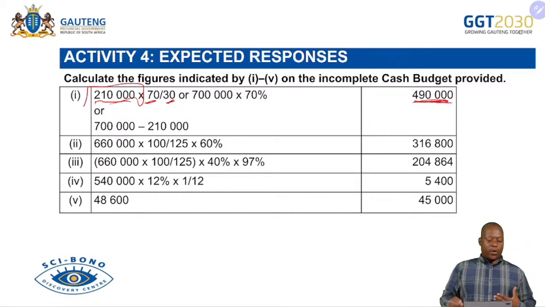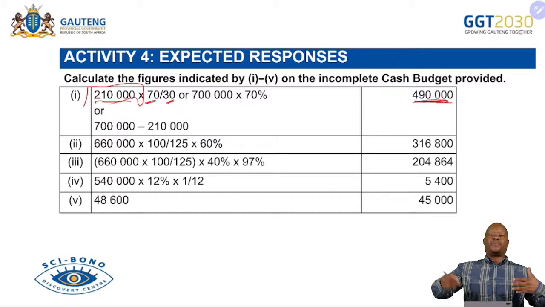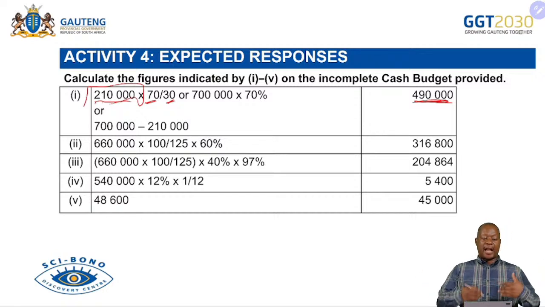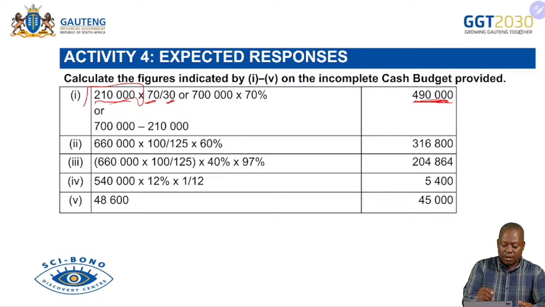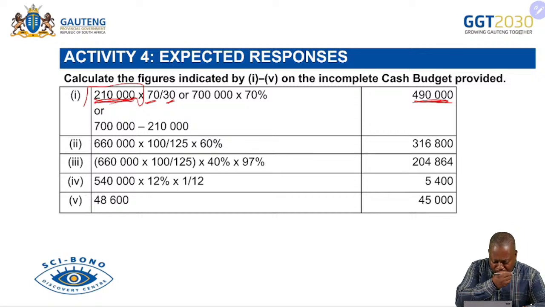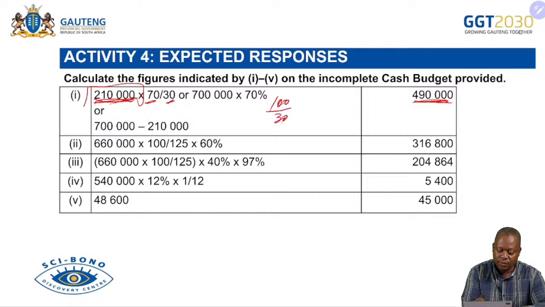The other way of doing it is to find the 100%. The 100%, remember, is our total sales for that month. So if we are given our credit ones, how do we find 100? 100 over 30 times the 210,000. And this gives us our 700,000. So this becomes our total sales.